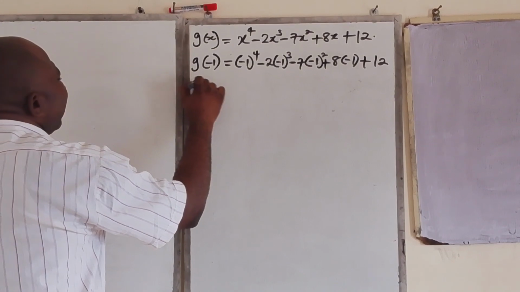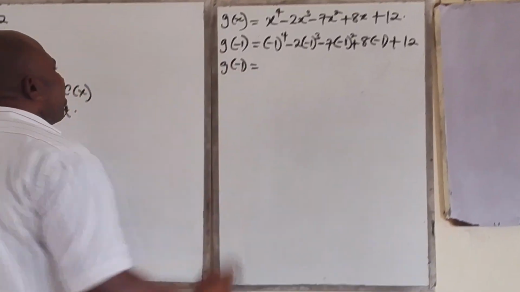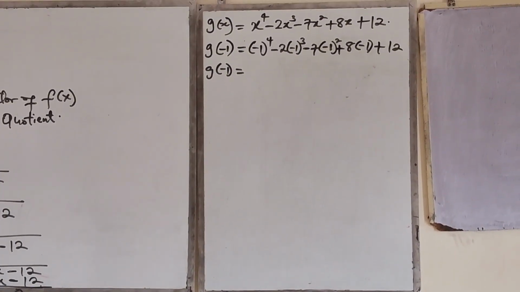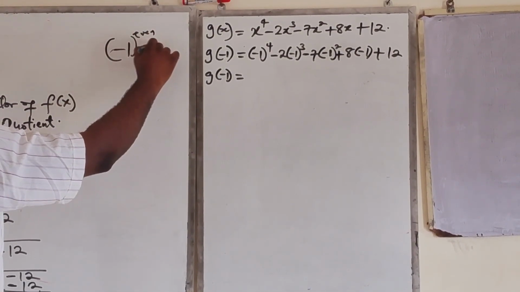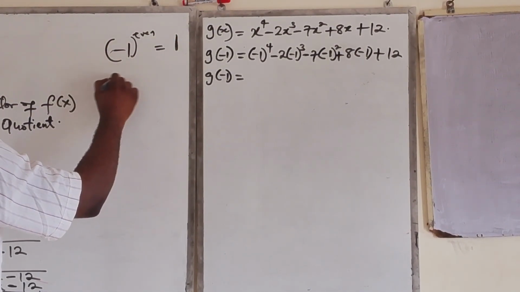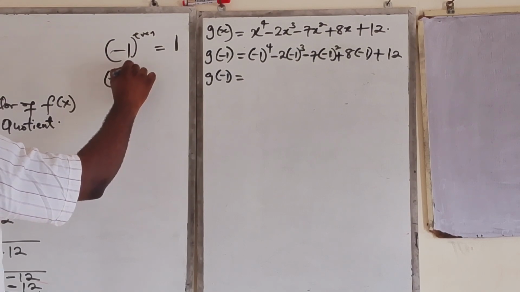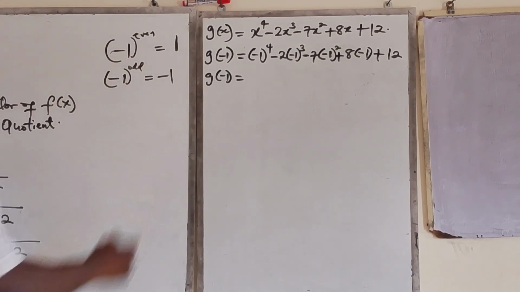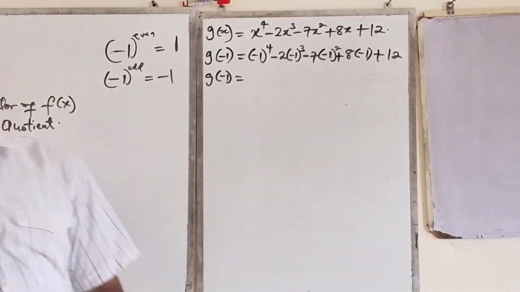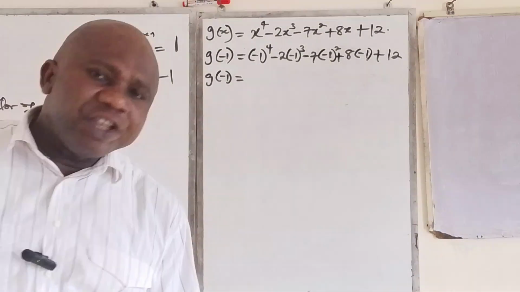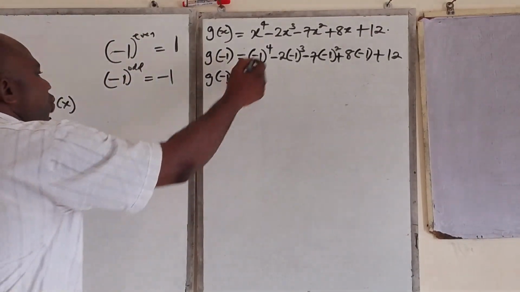So it means here our g of minus 1 will be equal to, now remember the other day we said minus 1 raised to the power of even number will give positive 1, while minus 1 raised to the power of an odd number will still give minus 1. Now as we all know, 4 is an even number. So because 4 is an even number, it means this will give us plus 1.